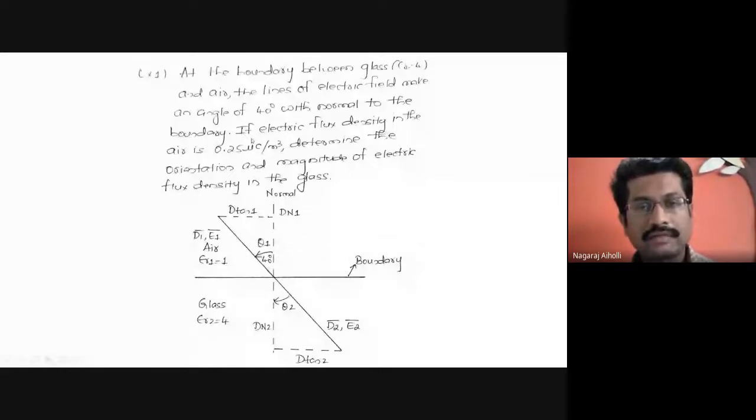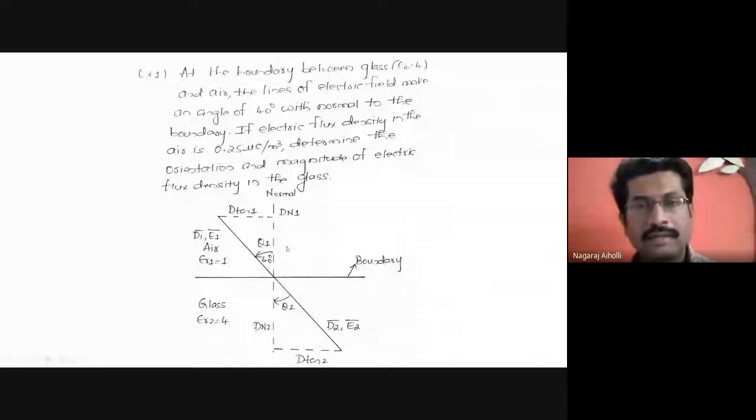That means the lines of electric flux density are making an angle of 40 degrees with the normal. This is the normal, Dn1 equals Dn2, which we discussed in the derivation last time. This is the normal component Dn1, this is the tangential component Dt1, and the electric field passing from one medium to another makes an angle of 40 degrees with the normal.